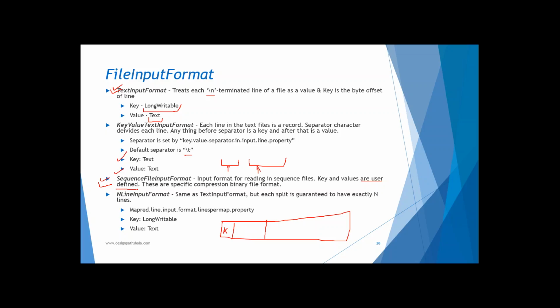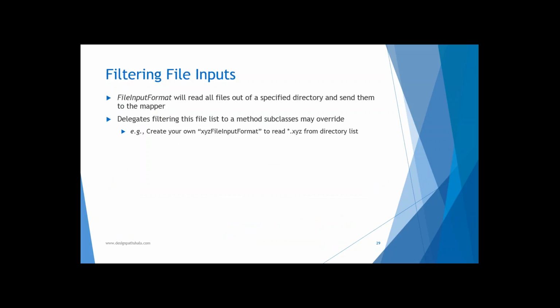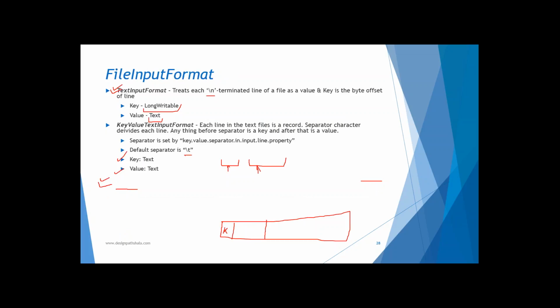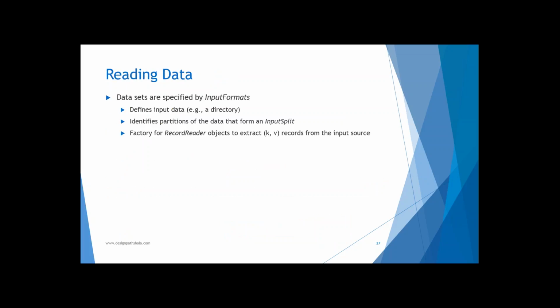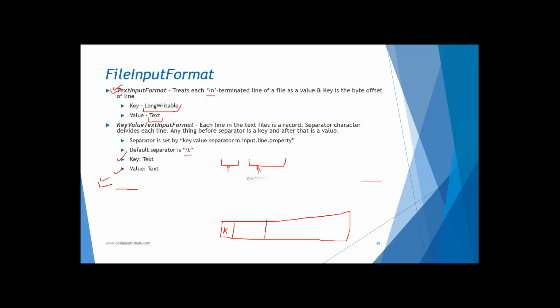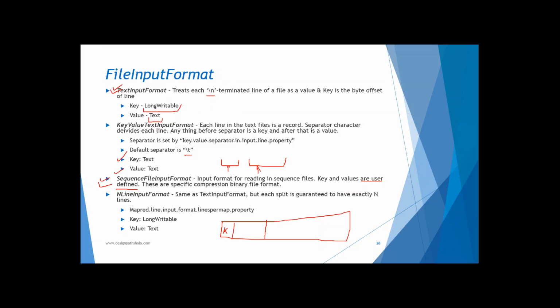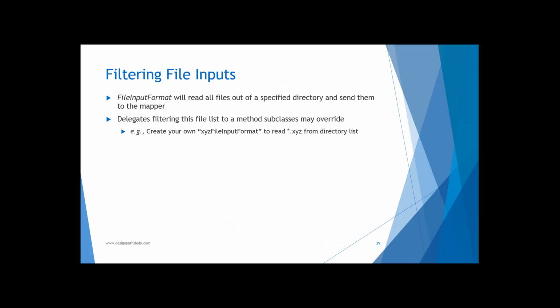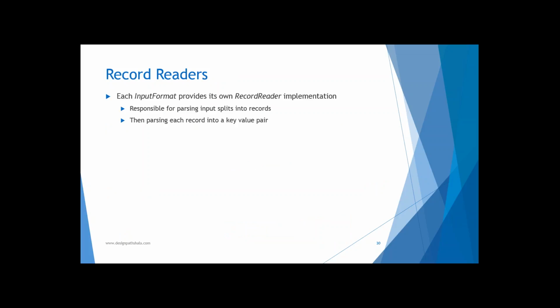Okay, no problem. Thanks. So there's a record reader associated with each input format, and for text input format there's a text record reader. For key value text input format there's a key value record reader, and similarly for the others. Where's the record reader? Here it is.